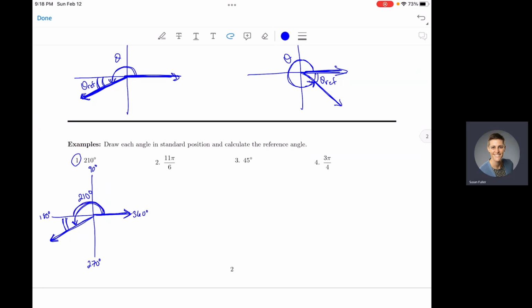I go through 180 degrees, but then my reference angle is how much past 180 degrees I go. So to find my reference angle here, I take my angle theta and subtract 180 degrees from that, because that tells me how many degrees after 180 I have left. When you do this subtraction, we get that our reference angle here is 30 degrees.